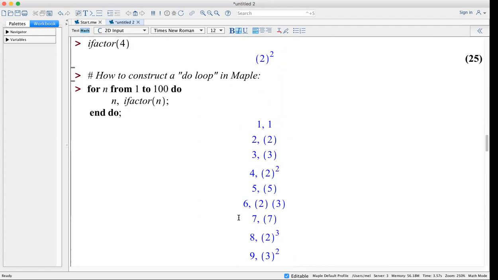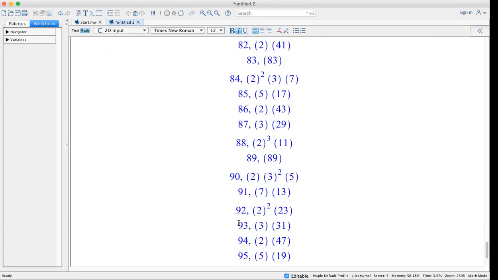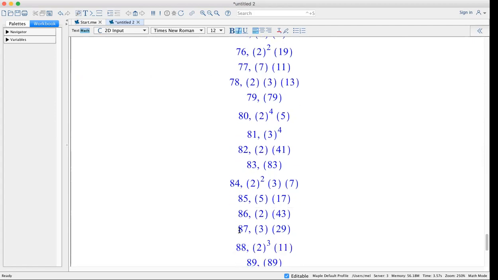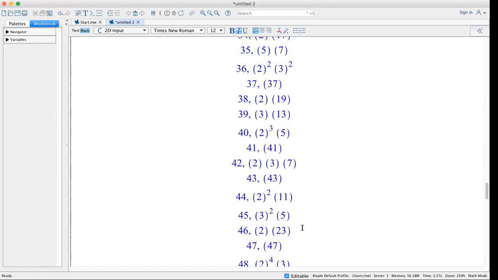I have all the numbers from 1 to 100. Like here is 87, and the factorization is 3 times 29. 88 is 2 cubed times 11. 89 is 89. That's because 89 is a prime. 90 is 2 times 3 squared times 5, and so on.